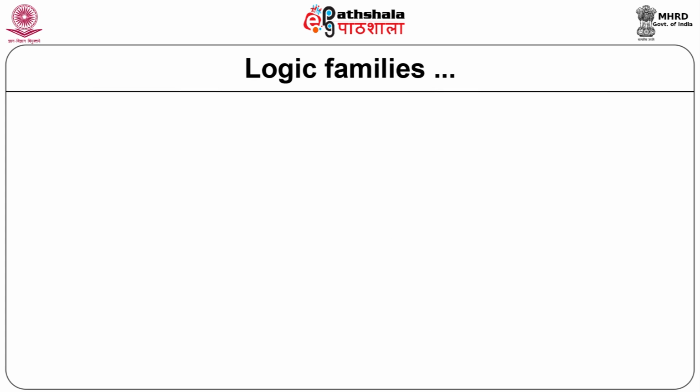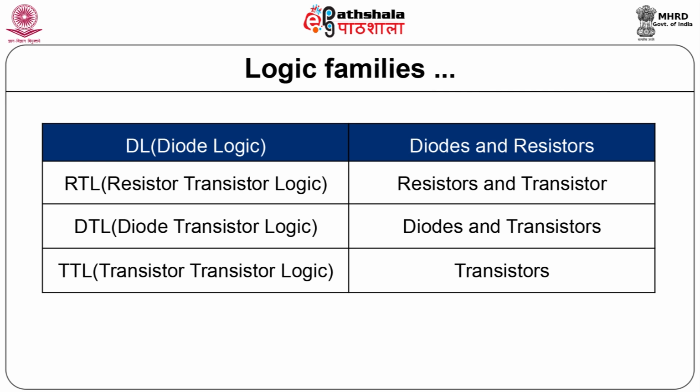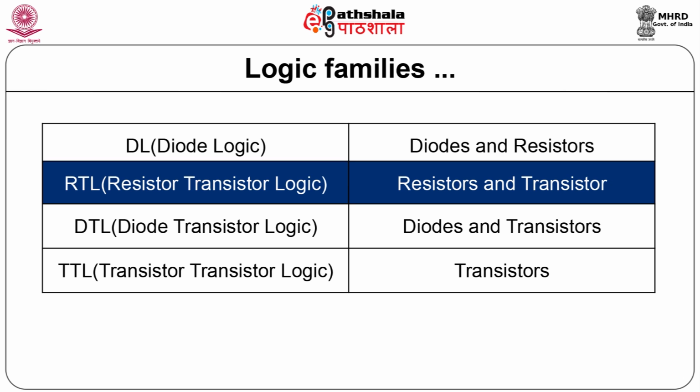Let us see in detail which components are used in different logic families. If one considers DL, that is diode logic, then diodes and resistors are the basic components used in the fabrication. RTL, resistor transistor logic, uses resistors and transistors as the basic components.